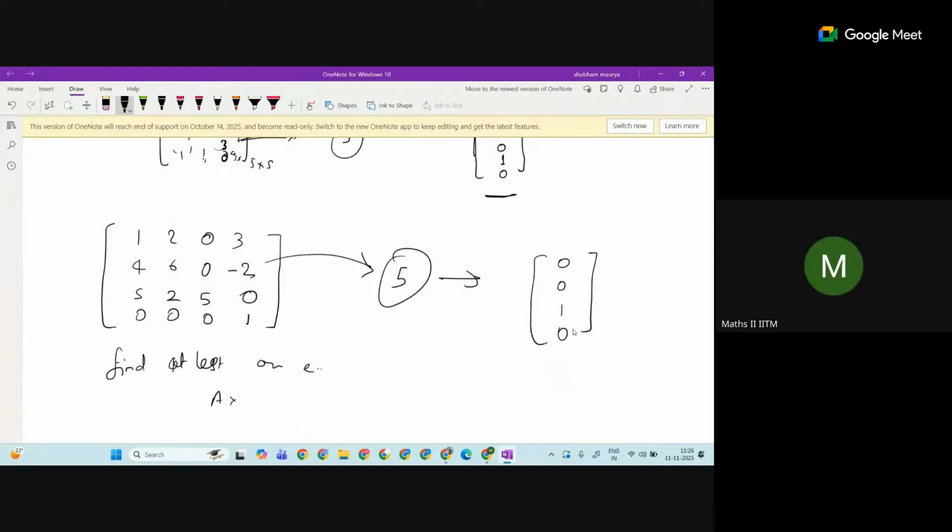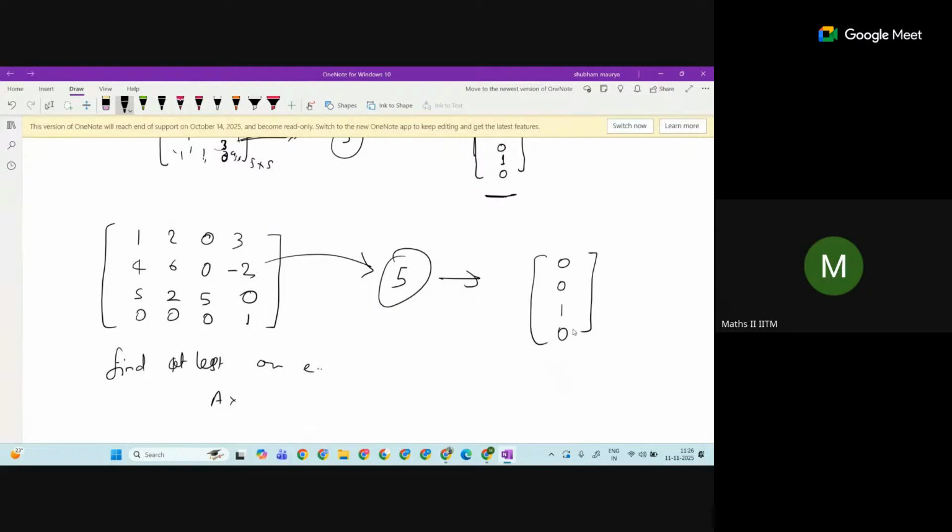And anyone knows that if you have a matrix A with eigenvalue lambda, what is going to be the eigenvalue of A transpose?